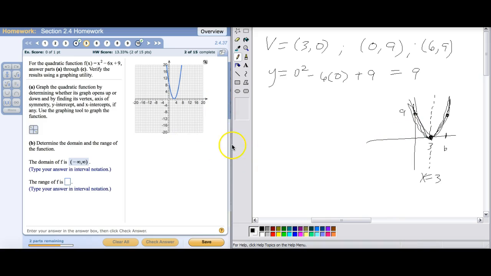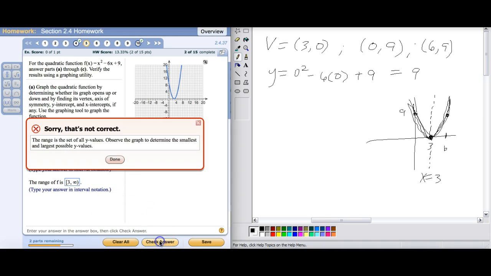Then that lets us know that the range has a minimum y coordinate of 3. So we'll go ahead and put our bracket in 3, and that goes on to infinity, and then of course we put a parenthesis on the infinity part.